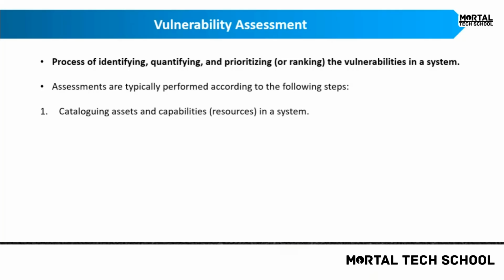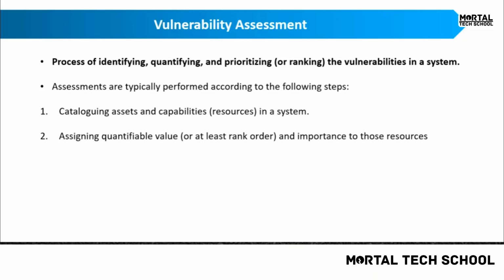So first is cataloging the assets and capabilities in a system: what all resources are present in the system, and which resources are more vulnerable to the outside world. All these things are first noted down. Then the vulnerability assessor assigns quantifiable value and importance to those resources. For example, identities of users are of topmost importance, right?